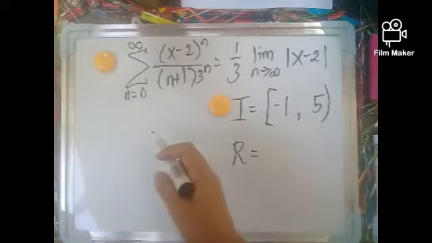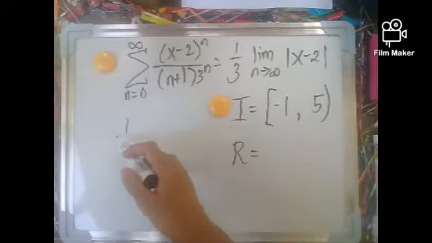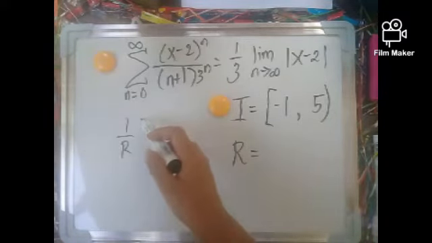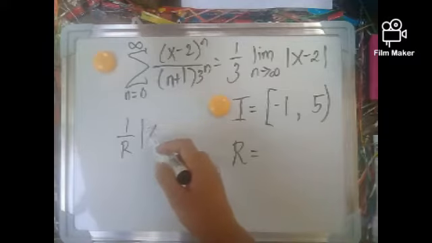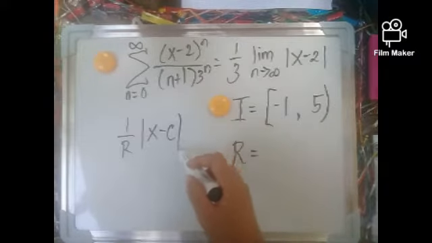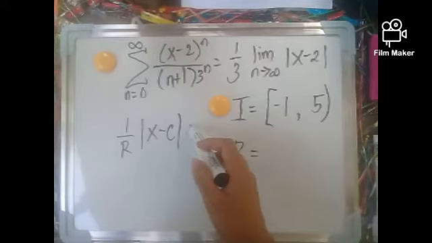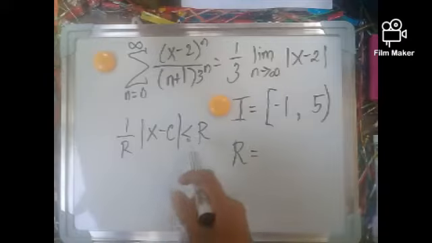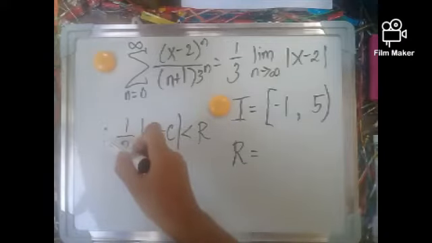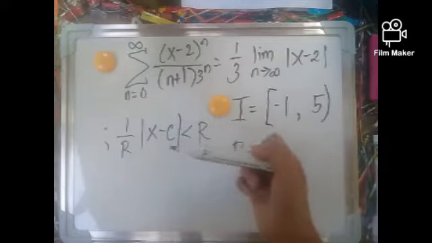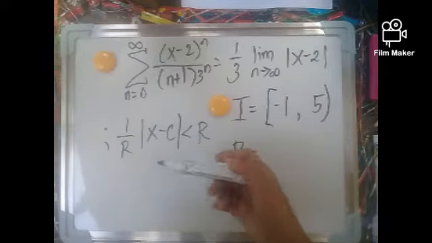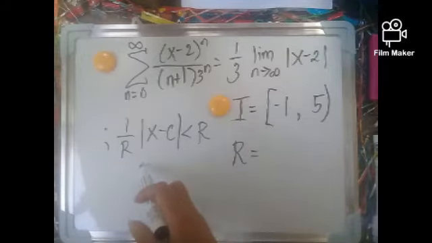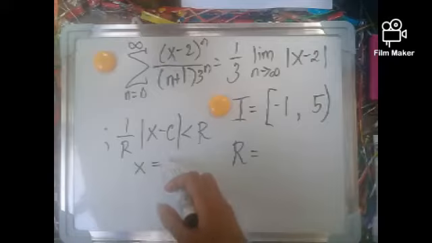Radius. It says that 1 over r, the absolute value of x minus c, is less than r. So in this situation, the series will converge as x is equal to c, or the constant value.